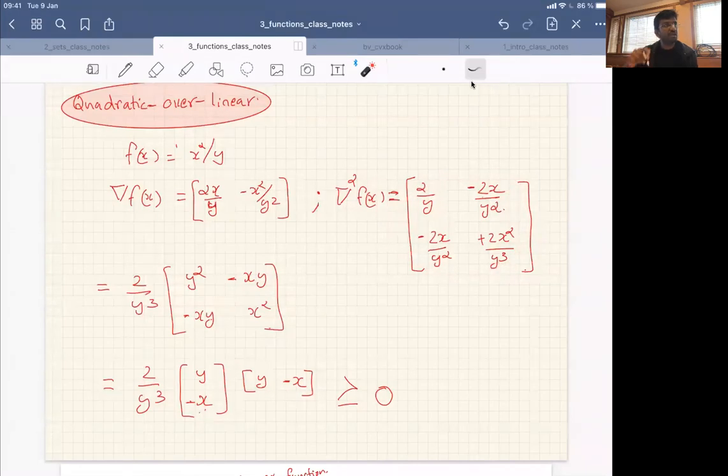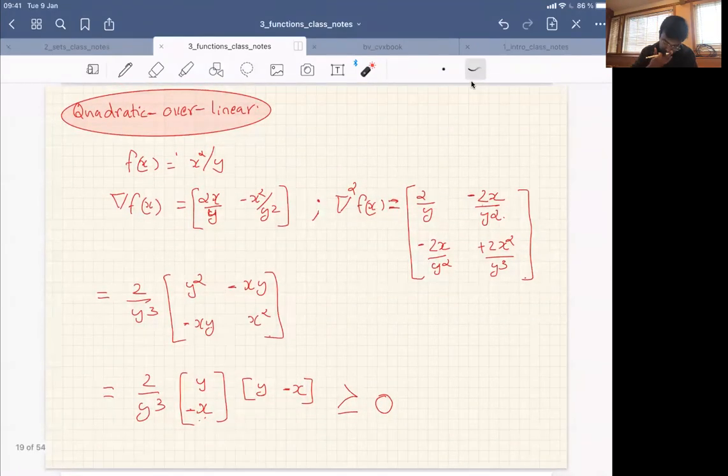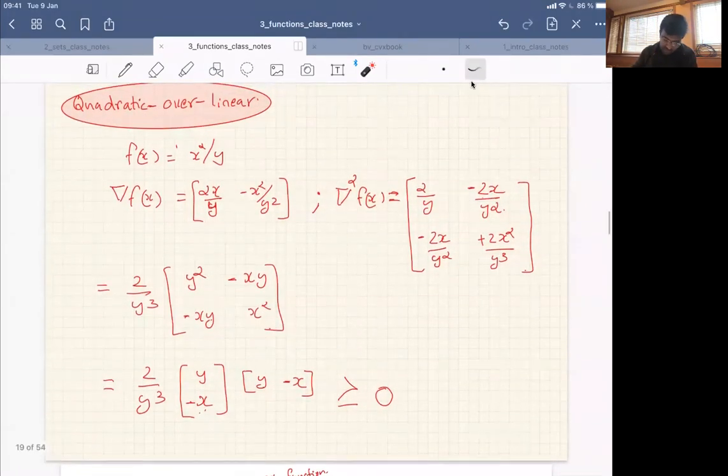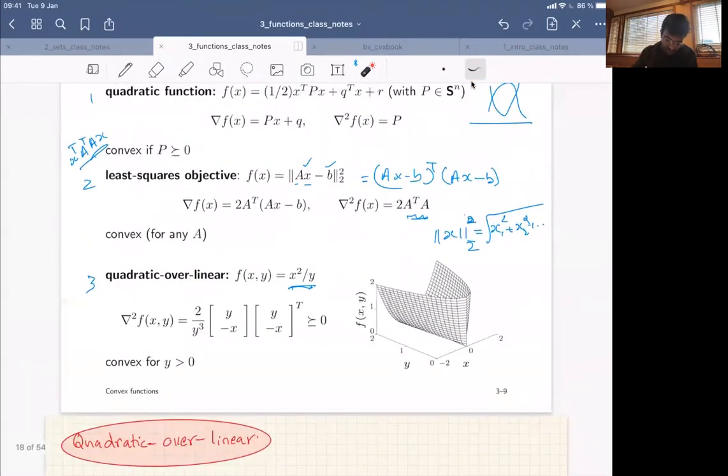So it's like x, y, then 2, then again x and y, then 4. That's the definition of the Hessian. Then you just rearrange this as a product, an outer product, like A into A transpose. This will again be PSD for any y greater than 0. So this is this function.